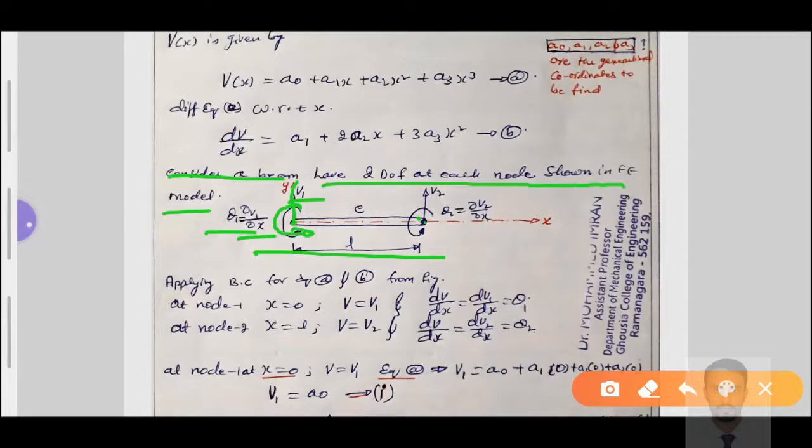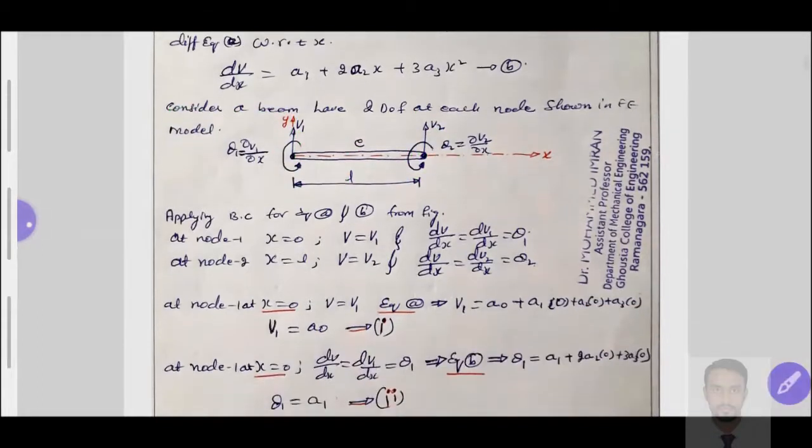At node number 2, vertical displacement v2 and a moment ∂v2/∂x equal to theta 2. The length of the element is L, and the element is represented as e. Now we have this beam element.